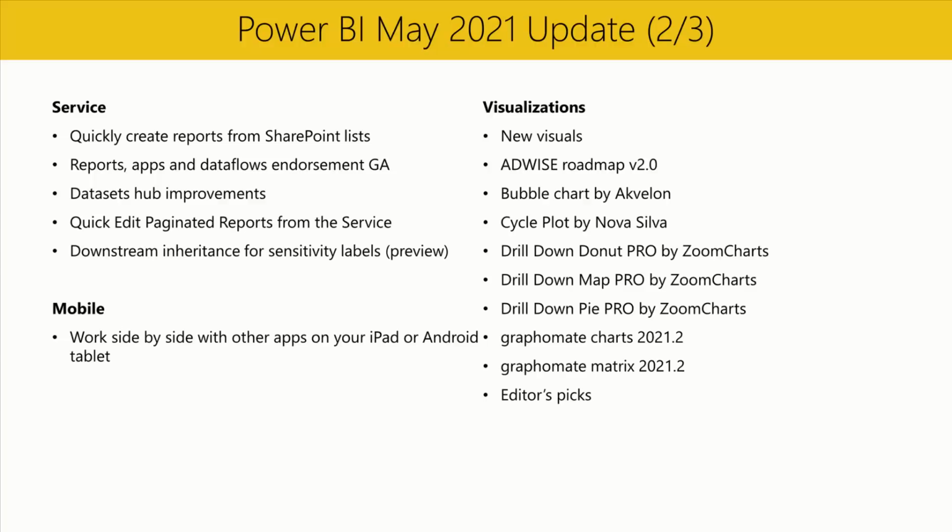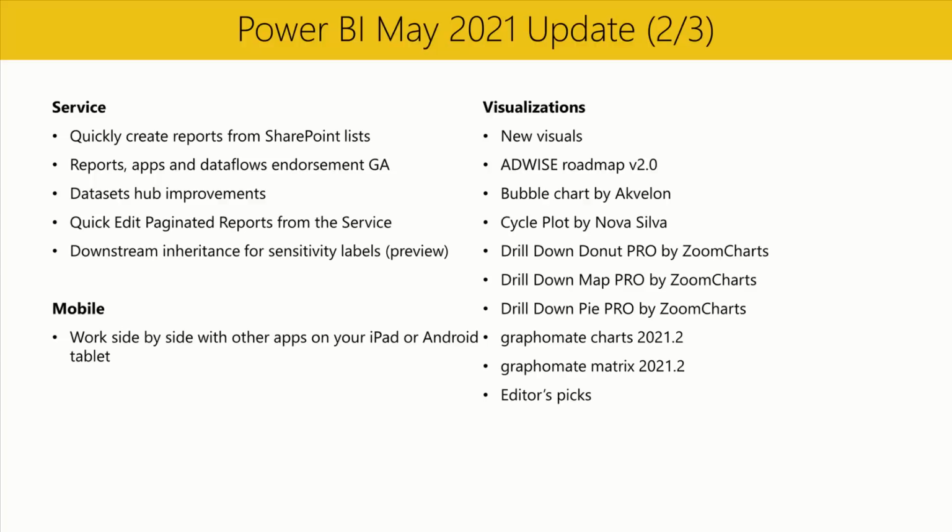And with the new Action bar, you can conveniently access dataset actions at the top of the page. And soon we'll be adding more actions to this page, such as dataset refresh and view refresh history. So stay tuned.